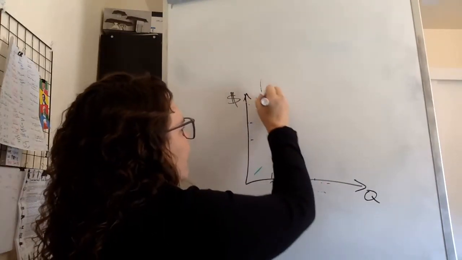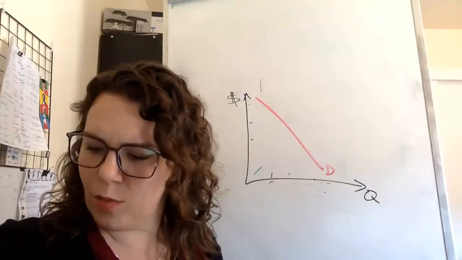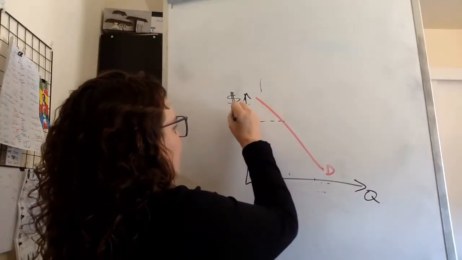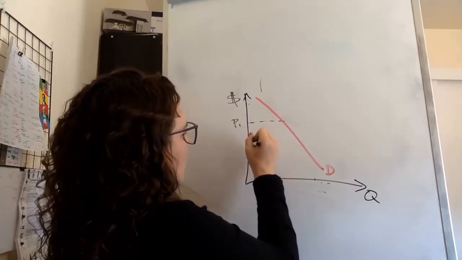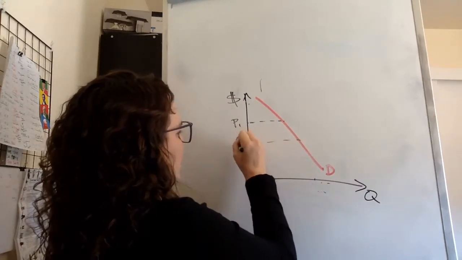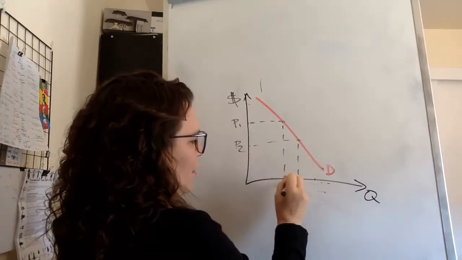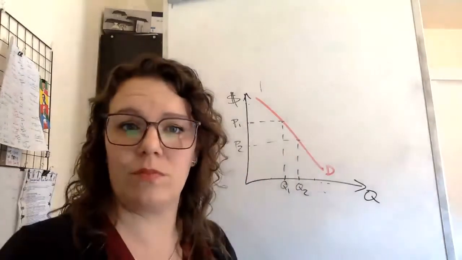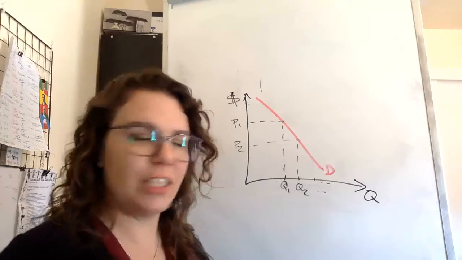If we have a very steep curve, let's say it's a demand curve, then we're going to tend to see that a change in price from P1 to P2 has a small effect on quantity demanded, right? That's not very sensitive to a change in price.